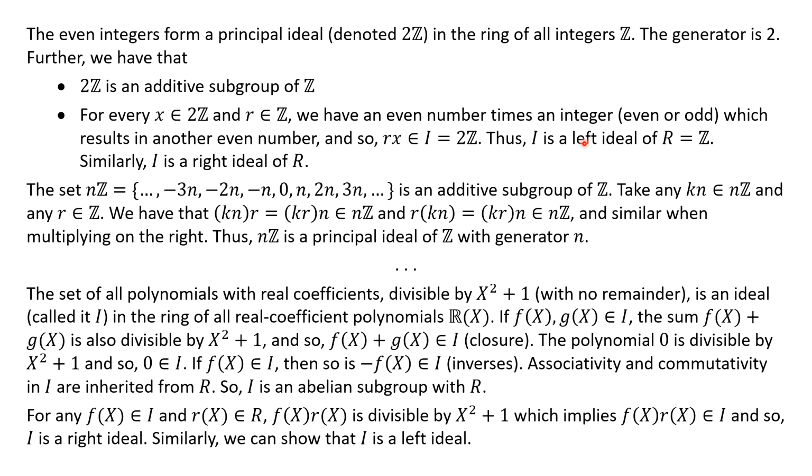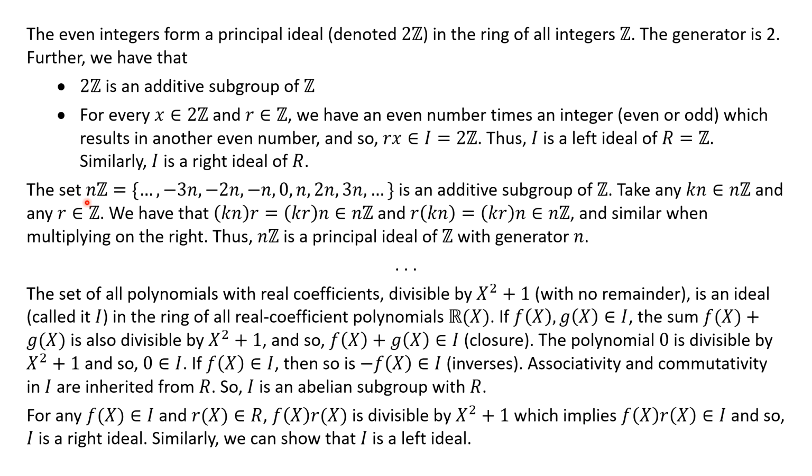Thus, I is a left ideal. If you flip the order here, the same reasoning gives us that 2Z is a right ideal. We're talking about a commutative ring here, the integers, so that means we have a two-sided principal ideal.